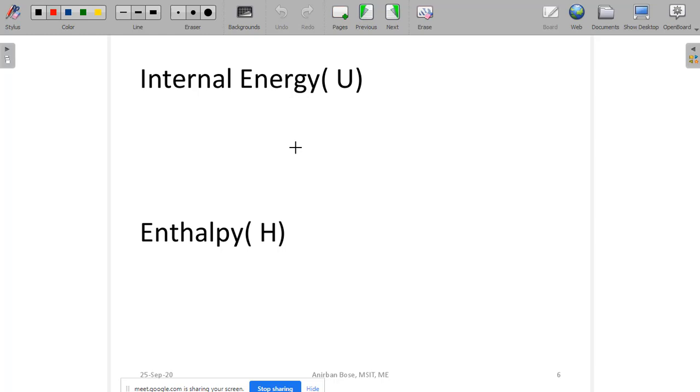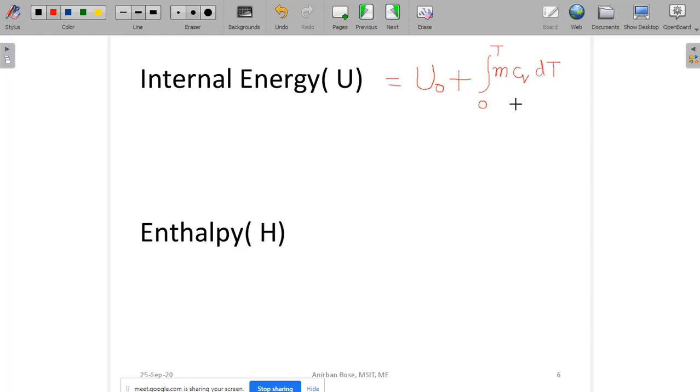So what is internal energy? Internal energy U we can write mathematically as U0 plus the integral from 0 to T of m CV dT. Here U0 indicates the internal energy at 0 Kelvin, capital T indicates the temperature, CV is specific heat at constant volume, and m is the mass.